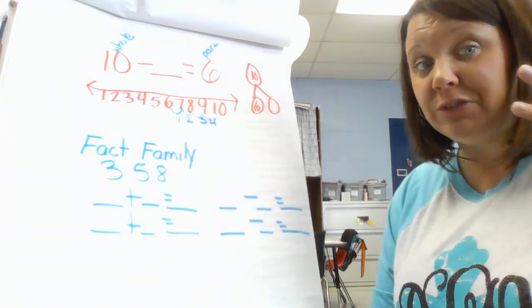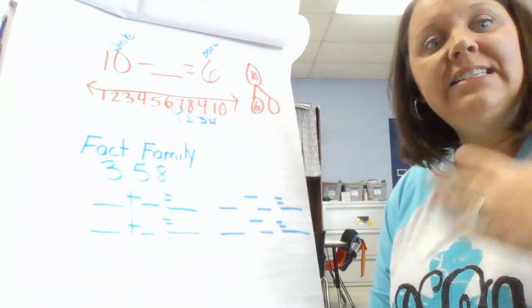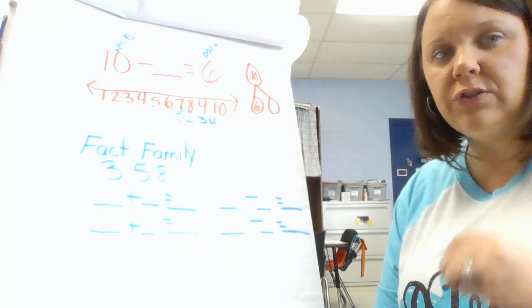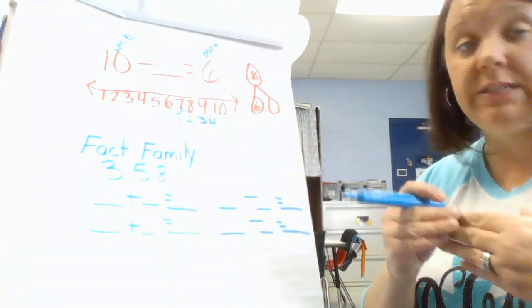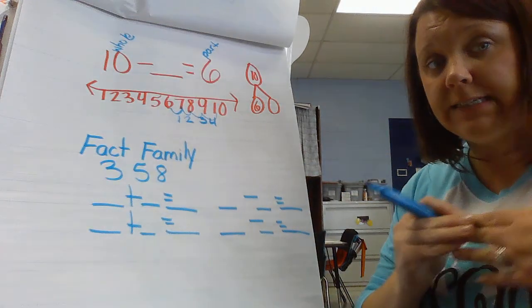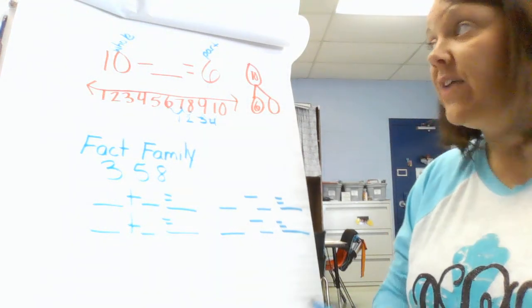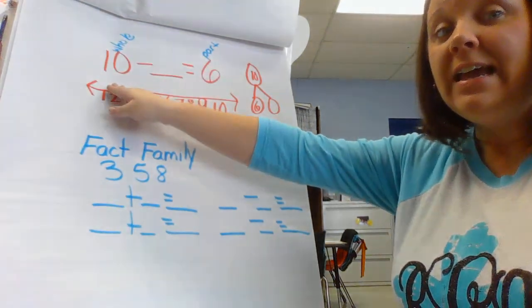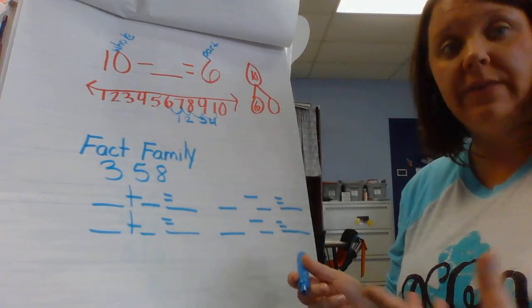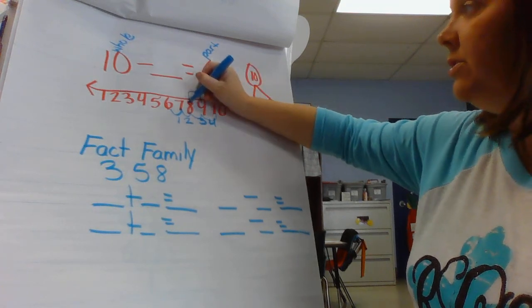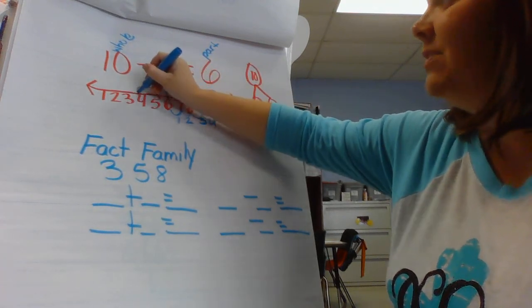But we could also subtract and count backwards. That's a different strategy. And it doesn't matter which strategy the children choose. They can choose counting up, starting at 6 and saying 7, 8, 9, 10. The answer's 4. Or they can start at 10 and count backwards 6 places. Let's try that way. So you would start at 10 and you would go back 1, 2, 3, 4, 5, 6.